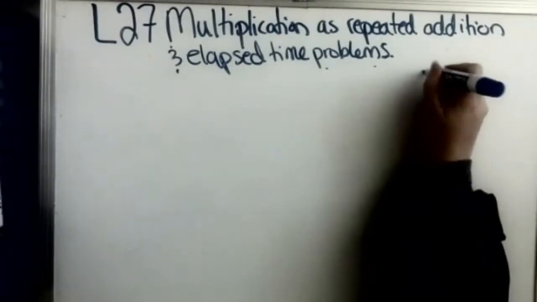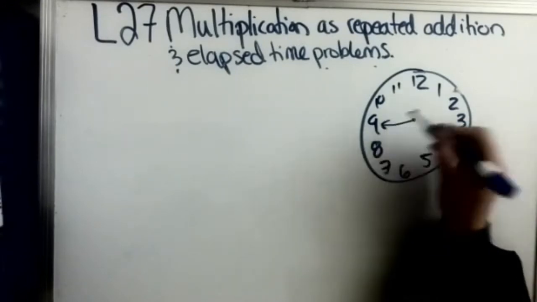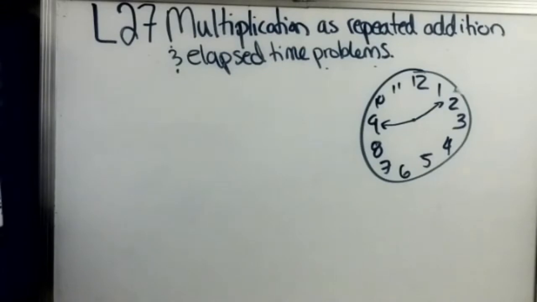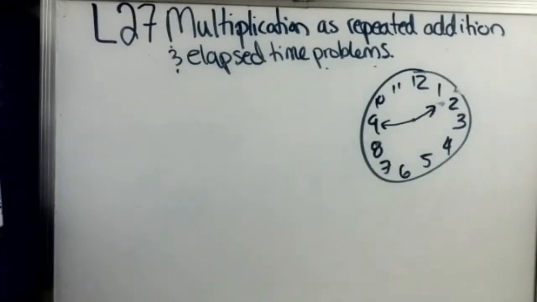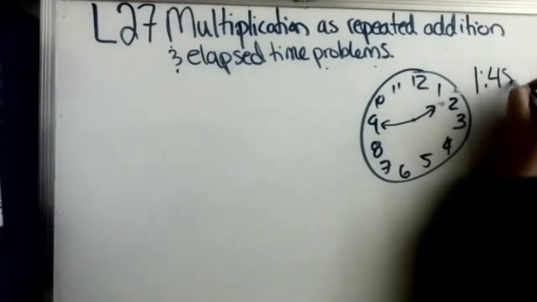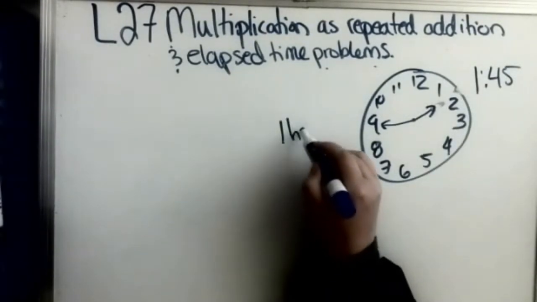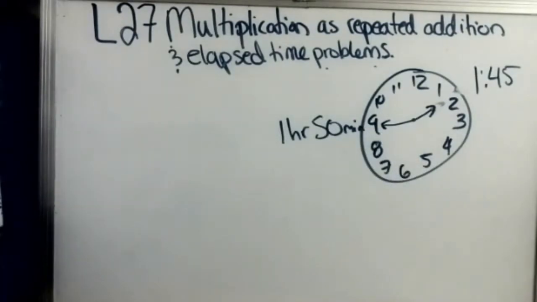So we have a clock, and our clock says it is 1:45. And we need to look at 1 hour and 50 minutes in the future.